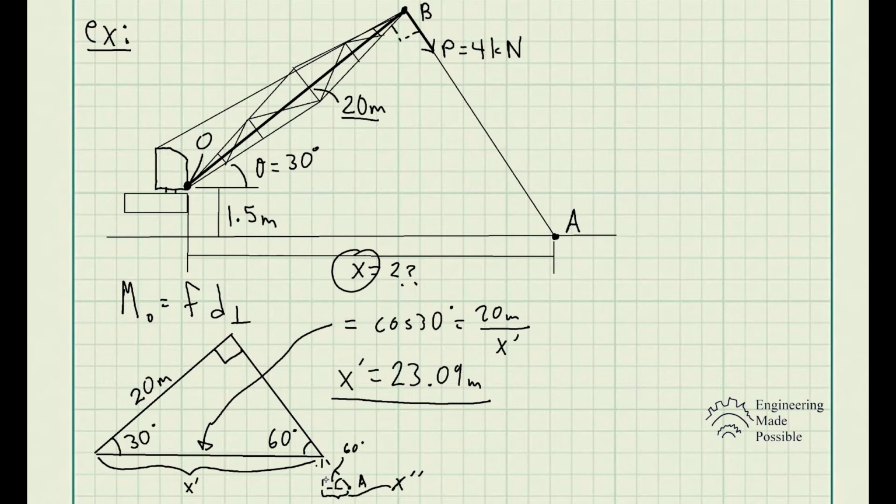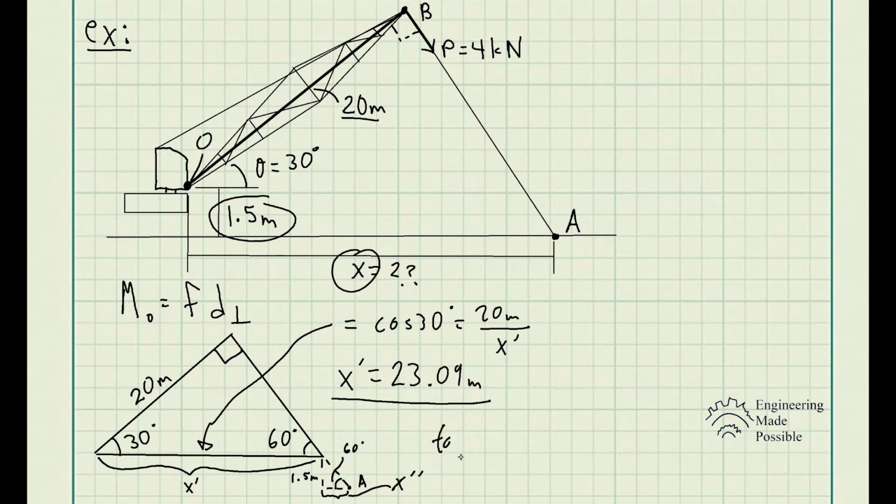And we do have this length, which is 1.5 meters, which was given in the problem statement here. So given that we have an angle, in this case we could use tangent 60 degrees.